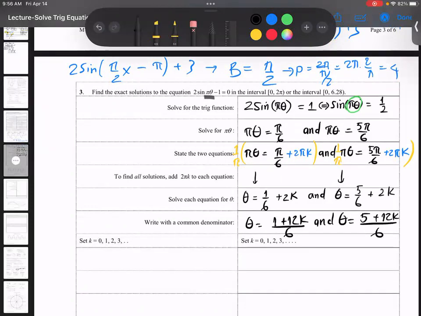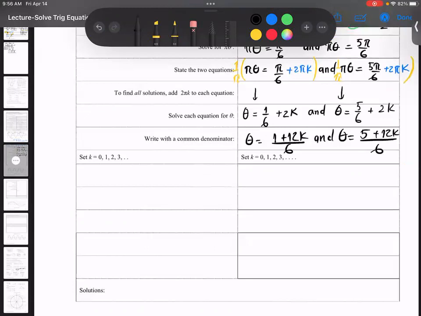So that's the general solution, you're not done yet. You have to substitute. Remember what I say, k is just an integer, a placeholder for an integer. So let's say k equals 0. What happens when k equals 0? This one is 1 plus 12k over 6, the other one is 5 plus 12k over 6.